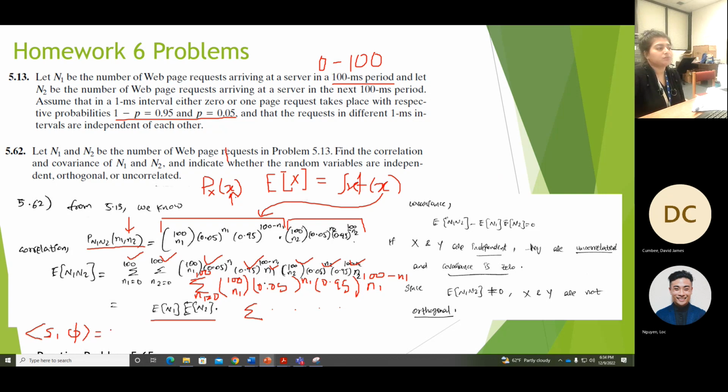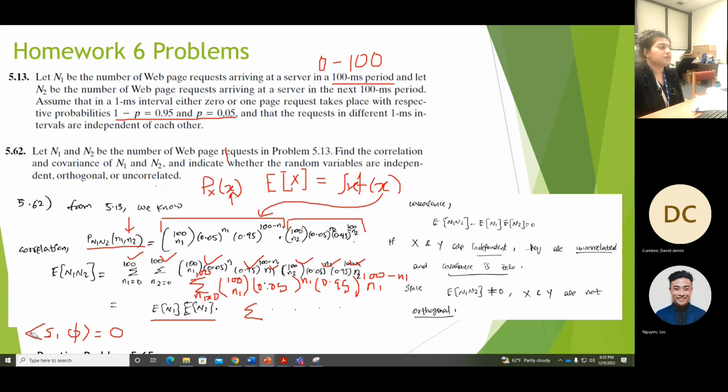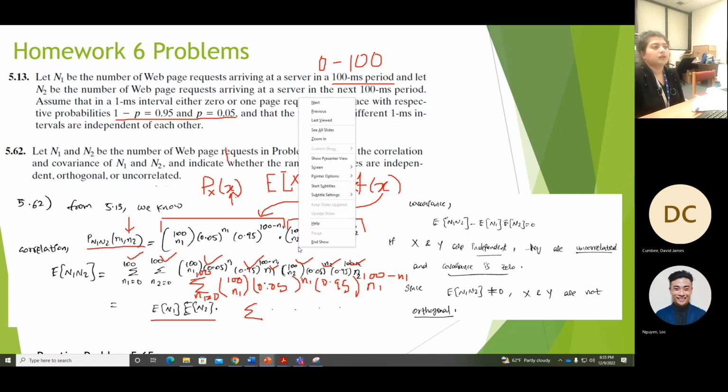If this correlation comes out to be zero, then they are orthogonal. That's great news for us, because that reduces the number of calculations that we have. But it has another significance as well. This is not important, but I'm trying to give you small hints on where we use these types of concepts. Okay, so let's erase that.